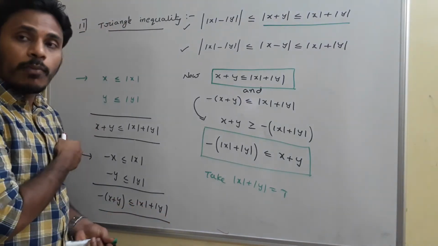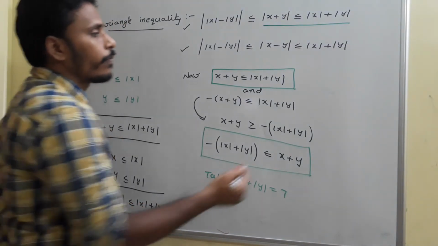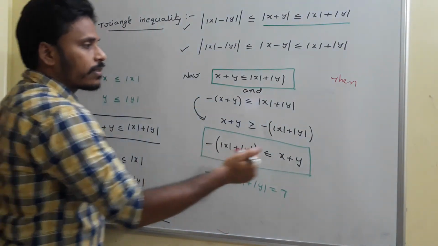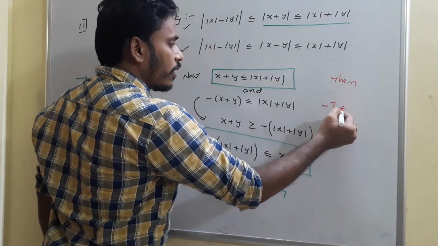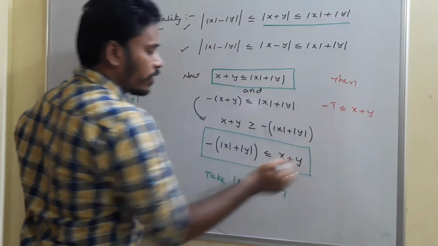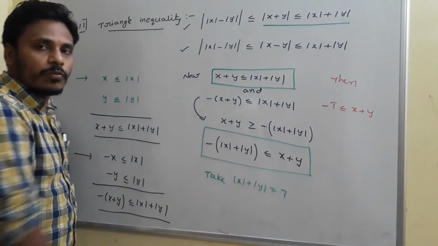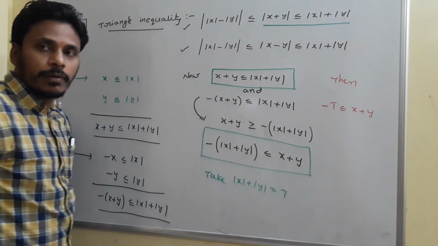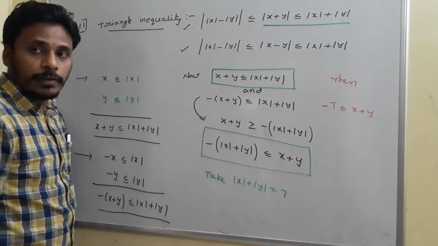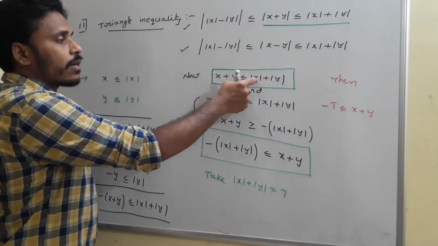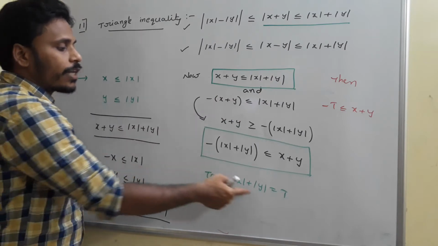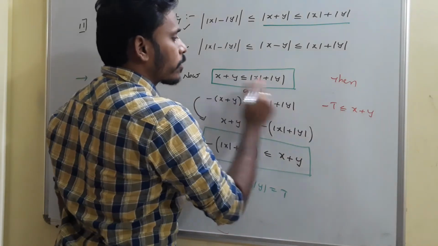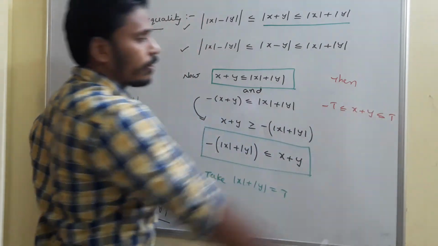By taking mod x plus mod y equal to t, look there. This second statement tells us that minus t is less than or equal to x plus y. Is it clear? This mod x plus mod y is t, what I considered, and this is minus t which is less than or equal to x plus y. And now look at the first statement, x plus y less than or equal to mod x plus mod y. As we took mod x plus mod y as t, replace it here with t, so this x plus y is less than or equal to t.